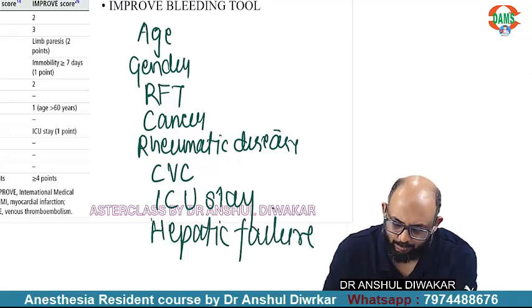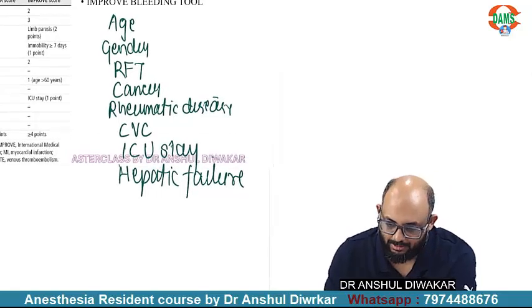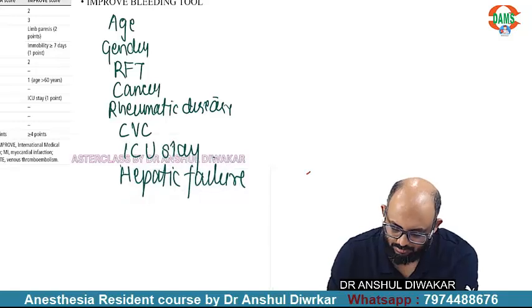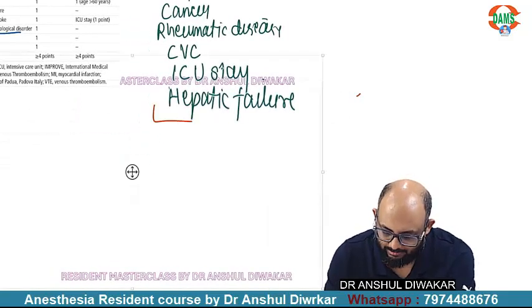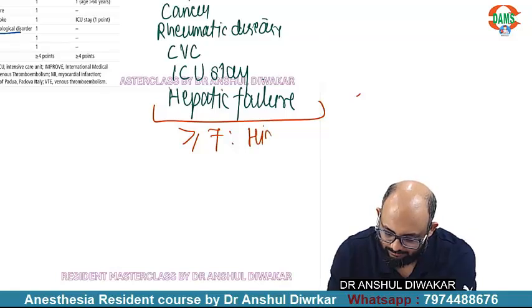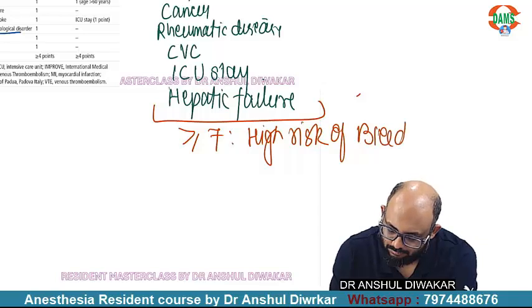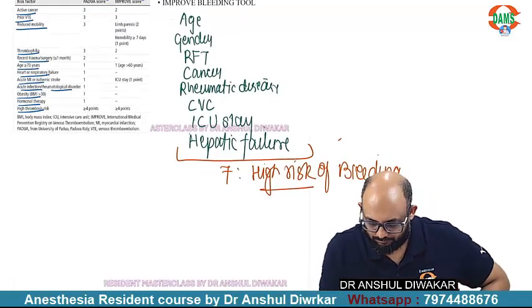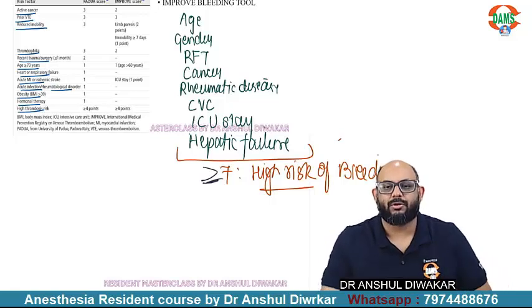Very similar to improve, but this is for bleeding. Here, improve more than or equal to 7 is high risk of bleeding. Okay.